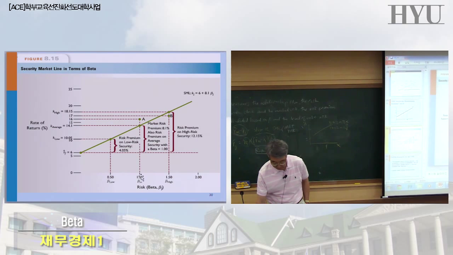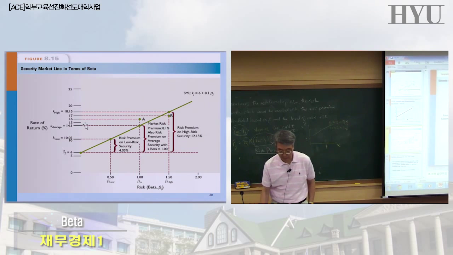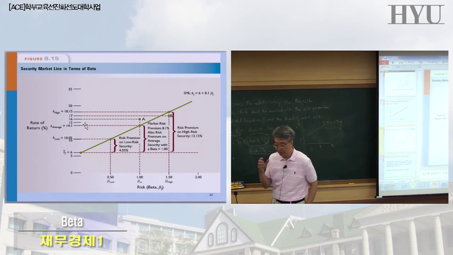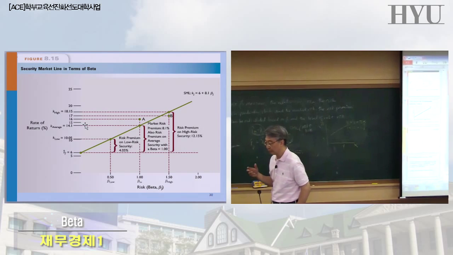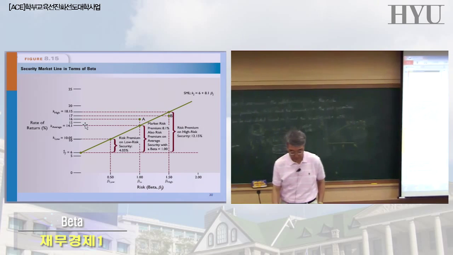If you have any portfolio or investment which has exactly 1 for beta, then what is the required rate of return? Well, you can plug in 1 here for beta, and that's going to be 14.1. That's exactly right here, 14.1. So that's the required rate of return because on average, that's what you can expect from the average investment.